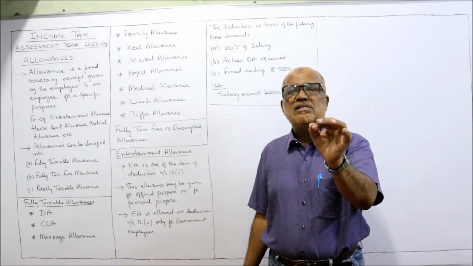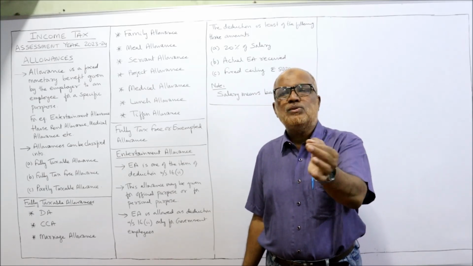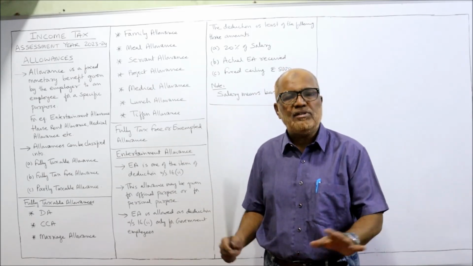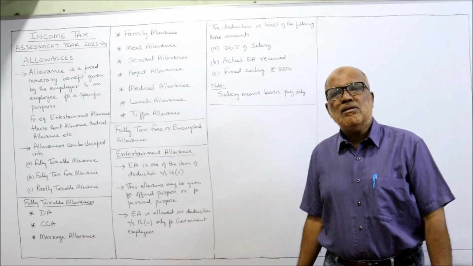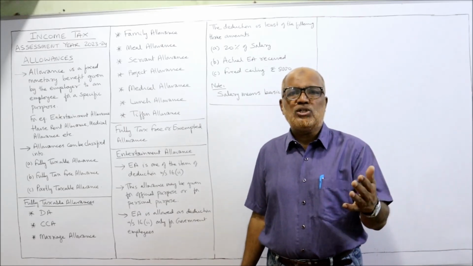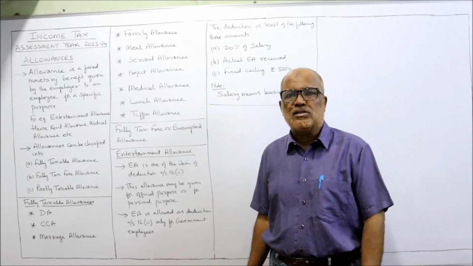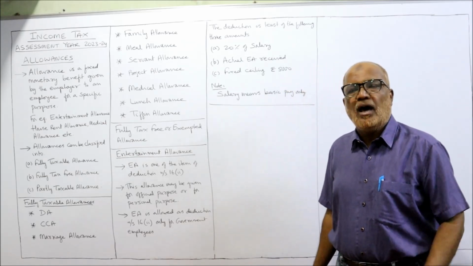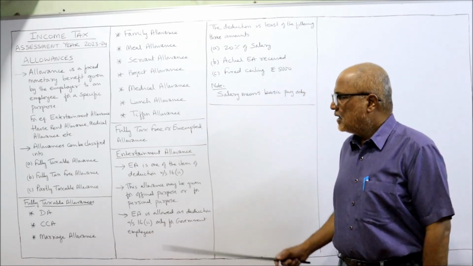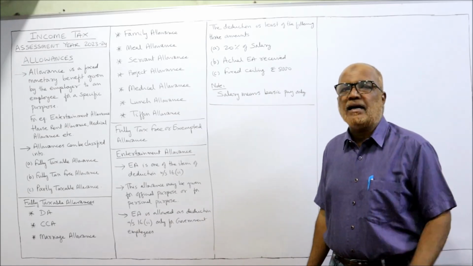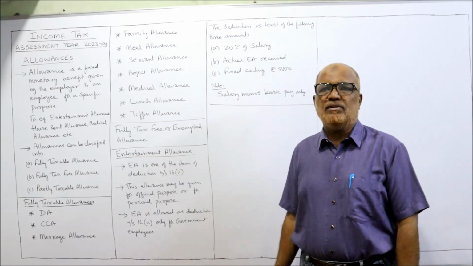So any allowance given to an Indian citizen who is posted abroad is fully exempted. Similarly, allowances given to judges of the Supreme Court, High Court, etc. are fully exempted. And a few more examples are also there.